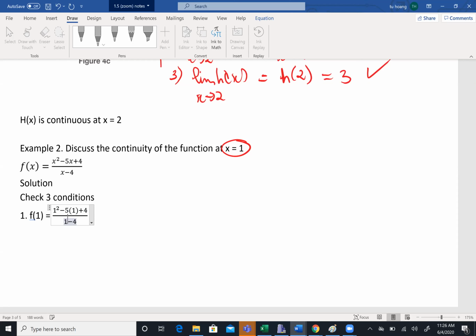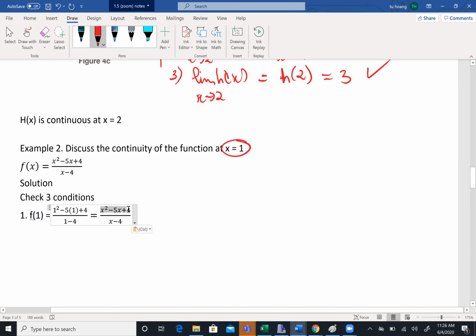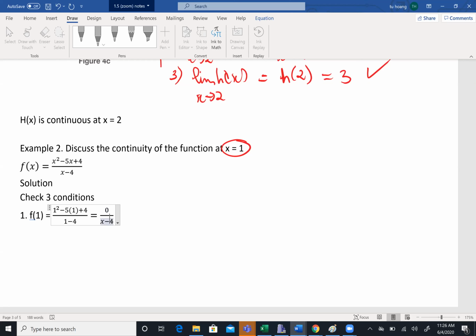So I'm going to have 1 squared is 1, minus 5, plus 4. The top has to be equal to 0, and the bottom is equal to negative 3. And 0 divided by anything is equal to 0. So it is defined, because f of 1 equals 0.